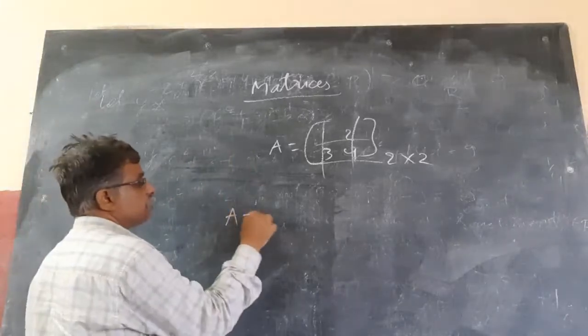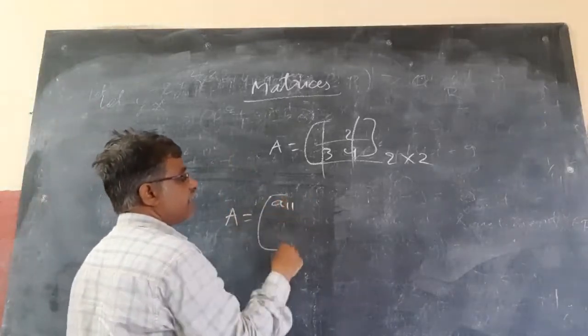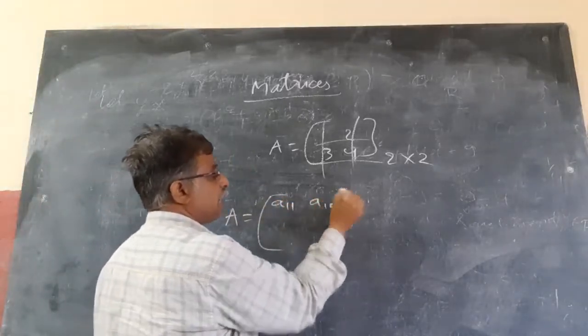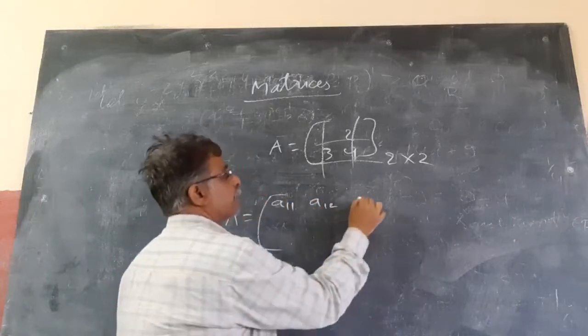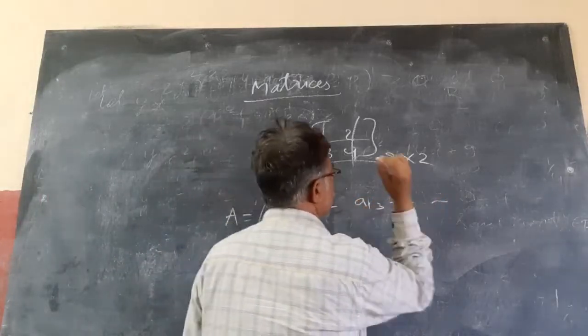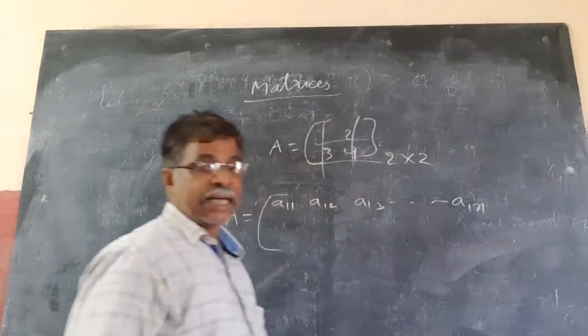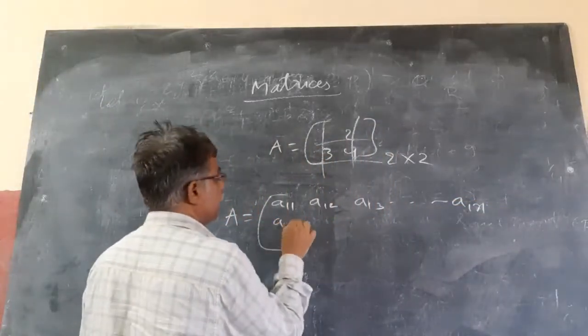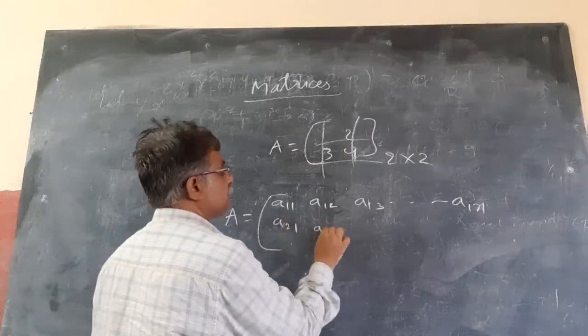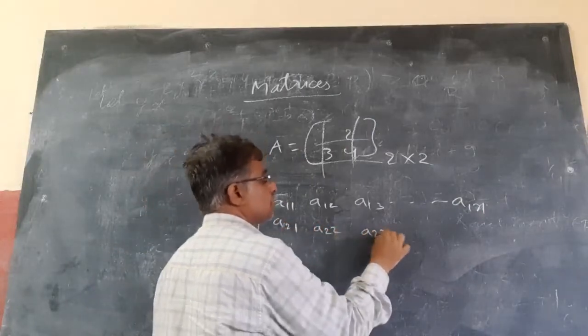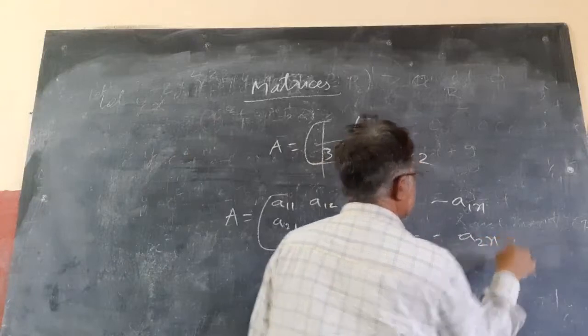Usually a matrix is represented as A11, the first row first column element, A12, the first row second column element, A13, the first row third column element, and so on till A1n, the first row nth column element. Then A21, second row first column, second row second column, second row third column, second row nth column.